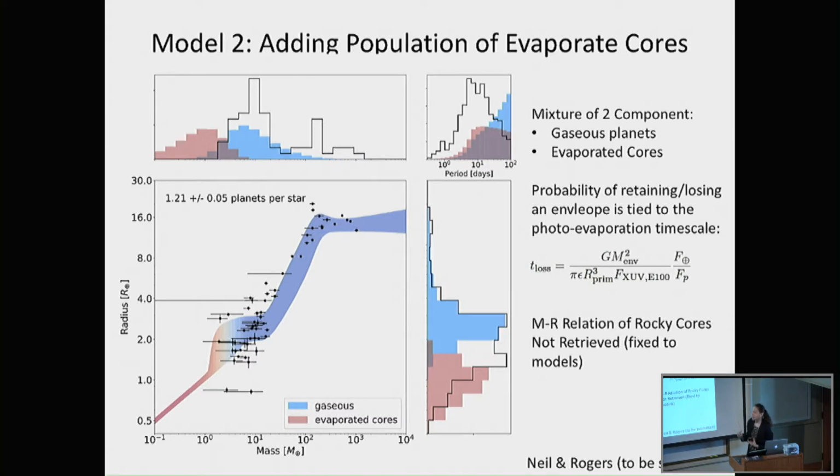So in this context, all the planets we're considering started with primordial envelopes, but then some subpopulation lost them to photoevaporation, and now just their remnant rocky cores are left.